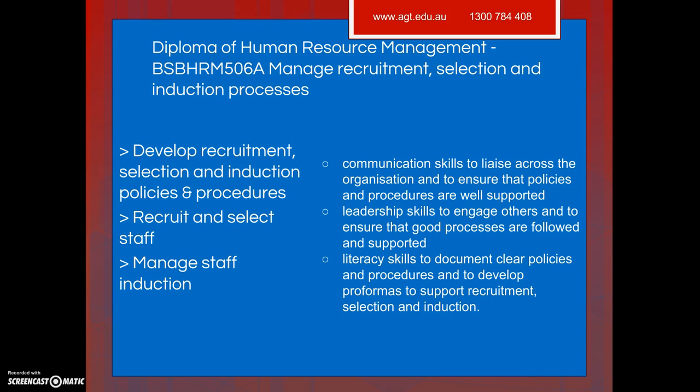So our key elements here that we need to cover is to show that we can develop recruitment, selection and induction policies and procedures, that we've got the ability to recruit and select staff, and to show that we can actually manage staff induction.